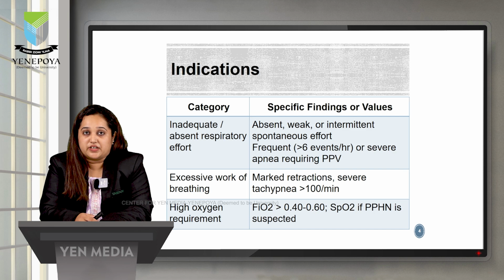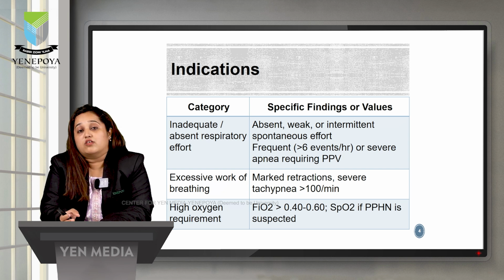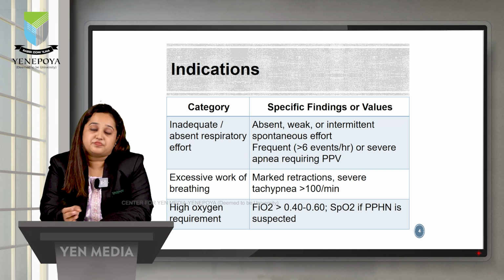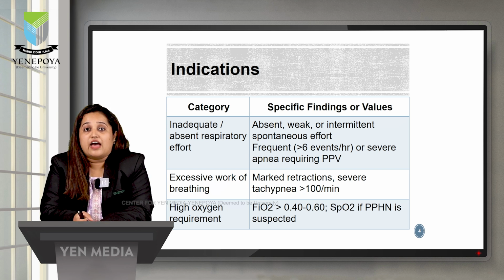Inadequate or absent respiratory efforts, that is either the baby is having absent, weak or just intermittent spontaneous efforts, or there are chances of apnea, the baby is having recurrent apnea, as frequent as more than 6 apneic episodes per hour, that will come under the severe apnea category. So in such cases, having invasive mechanical support for the baby is more important.